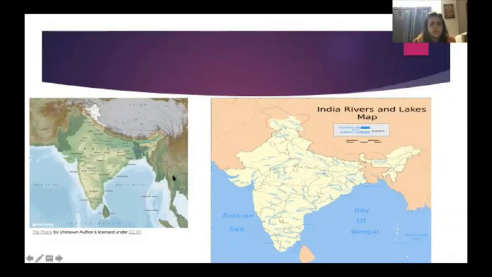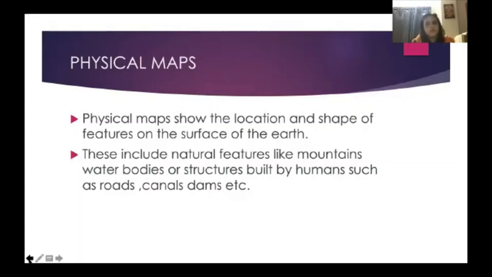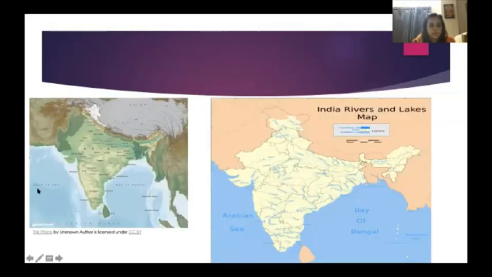Now, what is a physical map, children? A physical map shows the locations and shape of the features on the surface of the earth. These include natural features like mountains and water bodies, or structures built by humans such as roads, canals, dams, etc. See here. Can you see?